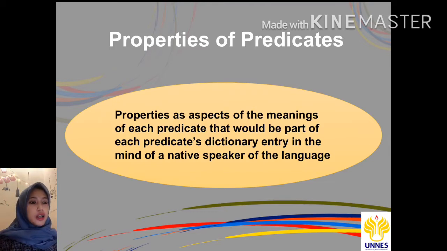For example, John is yellow. John is the subject and is yellow is the predicate, which gives the description of the subject. It is usually headed with a verb.